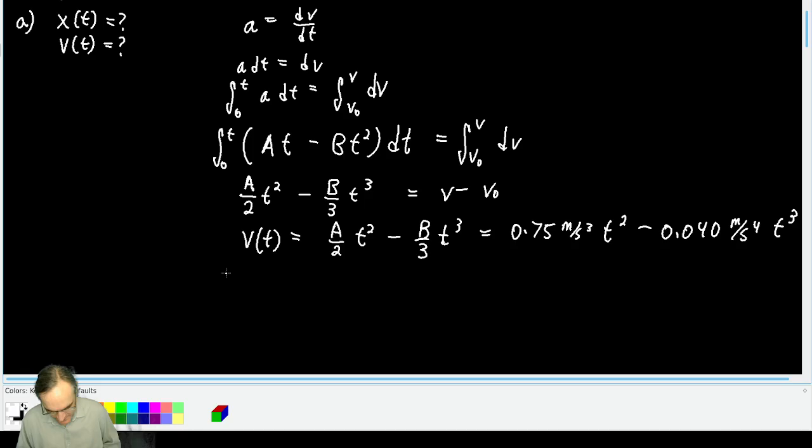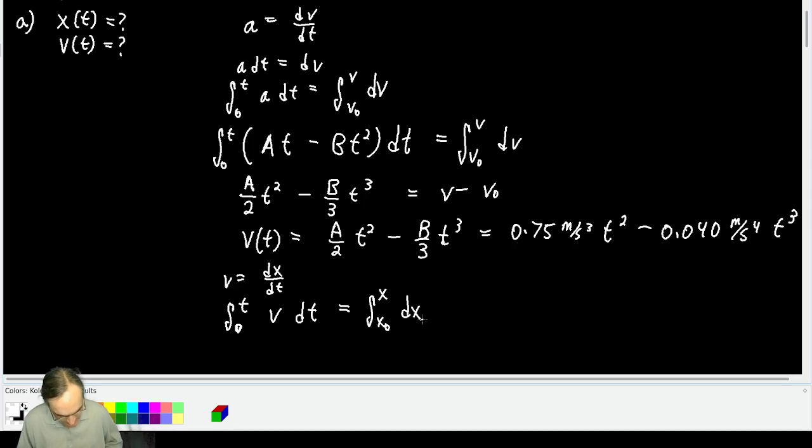The other half is to consider that v is equal to dx dt, separate and integrate. So we're going to get an integral from 0 to t of our v function from above, dt equal to integral from initial position x0 to final position x of dx.